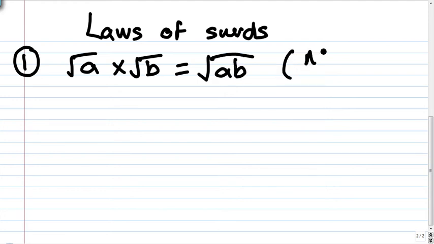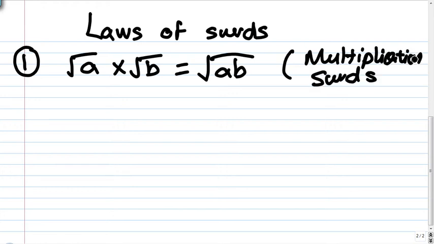This is called the multiplication of surds. You probably don't have to be too sound with the terminology here because it's mathematics we're talking about. At the end of the day, take out your textbooks, take out your assessment books, and just practice. Maths is all about practice.